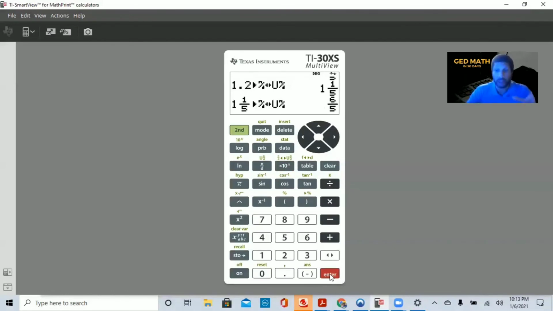So remember, that toggle button goes both ways. First we change it to a mixed number, and then we use it again to turn it back into an improper fraction. We use the same button because we see those double arrows, and change it back to an improper fraction.